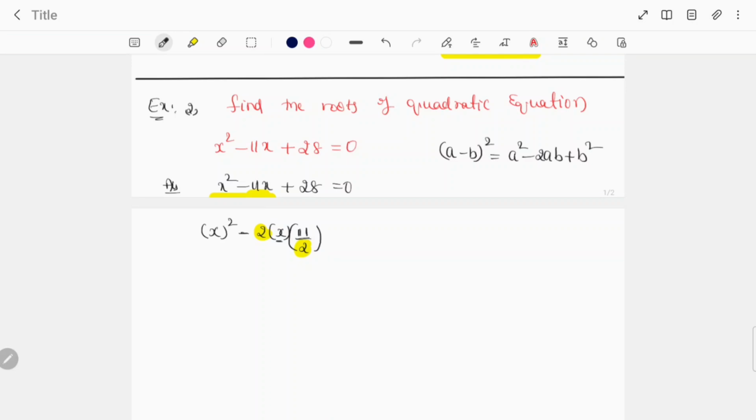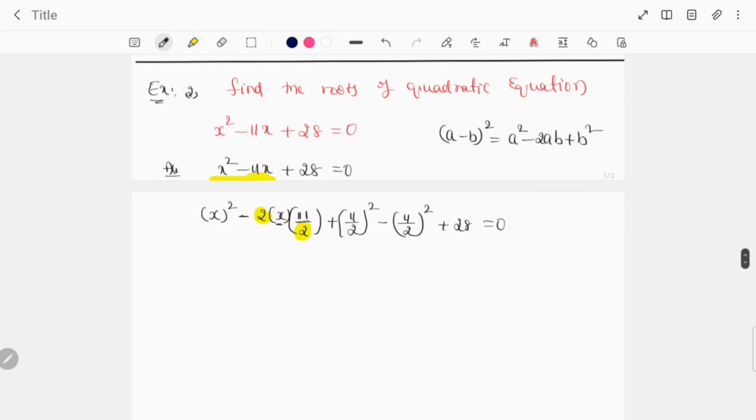Now, in the place of b, 11 by 2 we have to take as b. So we added 11 by 2 whole square, and immediately you have to subtract the same number, plus 28 equal to 0. Hope you understand, children.